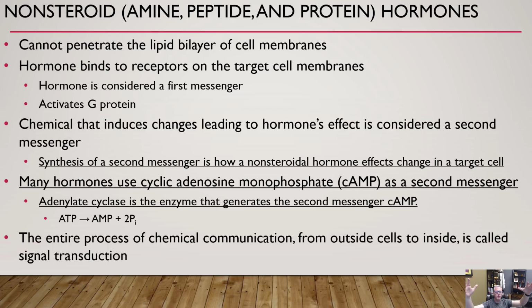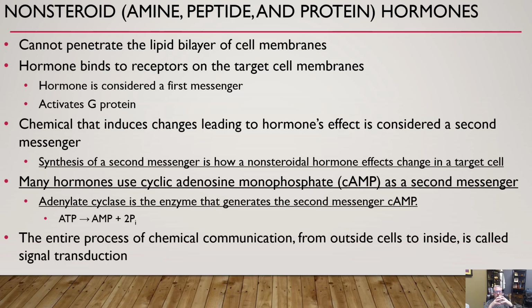So that hormone binding, that hormone is considered that first messenger. It's going to bind to that cell membrane, and it's going to activate this thing called a G protein. And then we have this chemical inducing change that's going to cause this second messenger. And the synthesis of the second messenger is how this non-steroidal hormone is going to affect the change in that target cell.